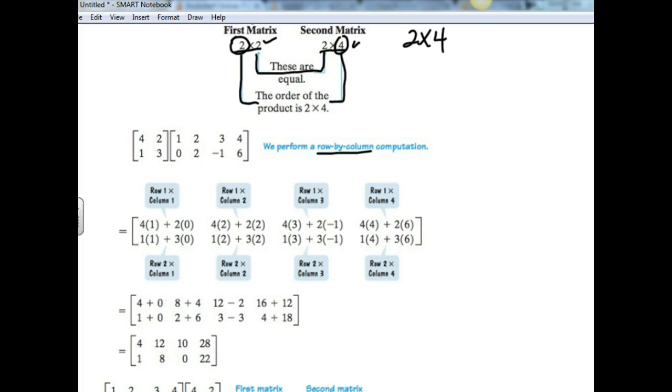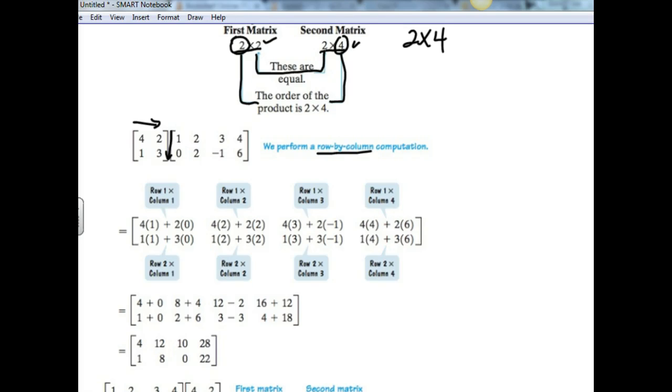So you're going to multiply the rows from left to right while at the same time multiplying the columns from top to bottom. I usually use my finger to guide me through this. We know the answer is going to be a 2 by 4, which is 2 rows but 4 columns.